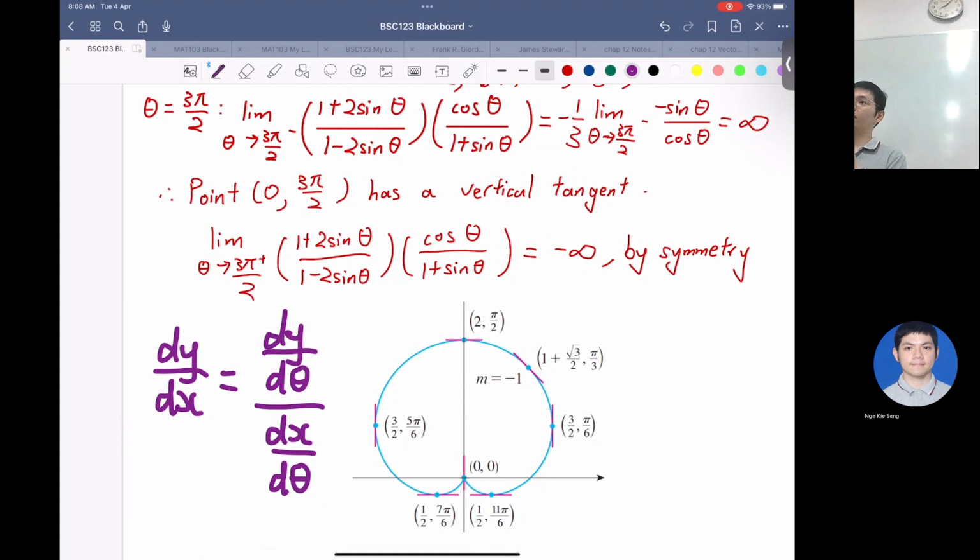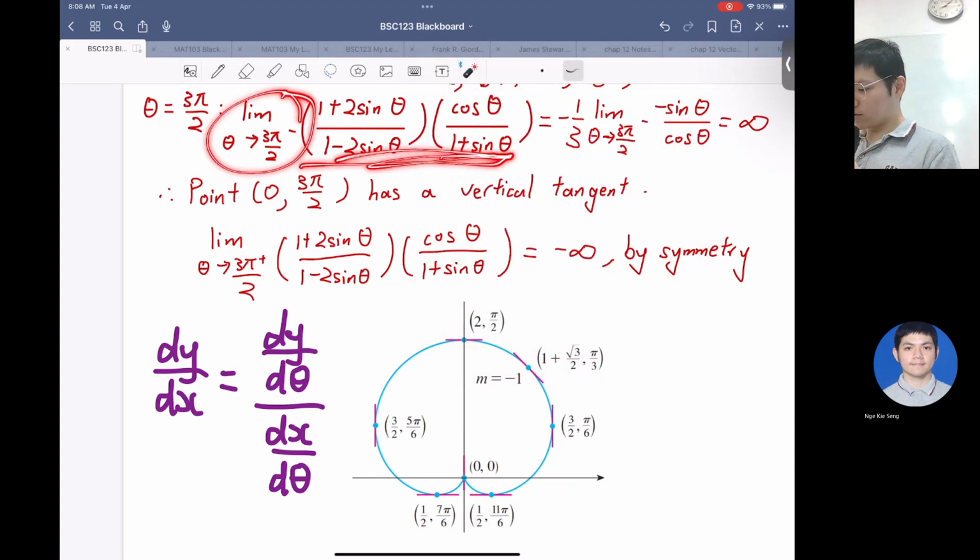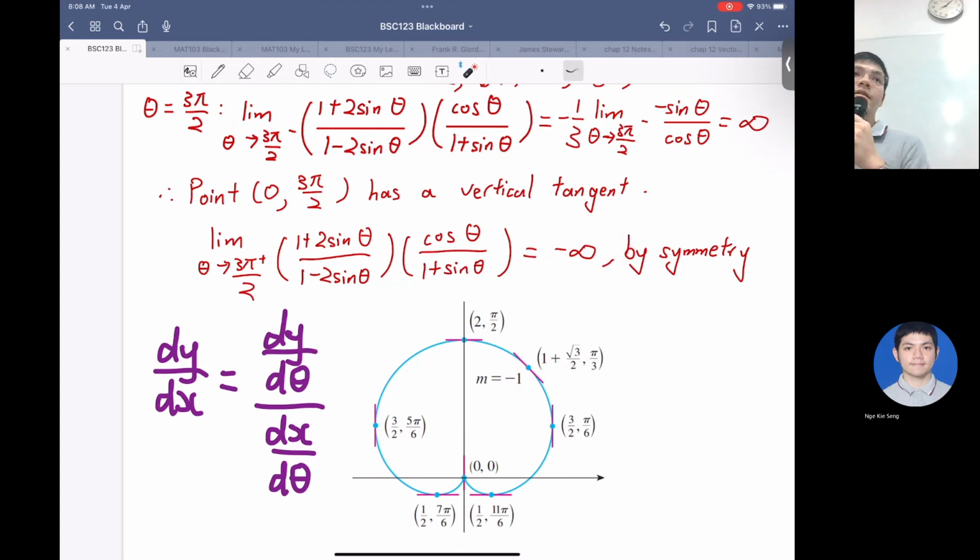Check the left and right limits. If you check the left limit, you will see that dy/dx approaches infinity. If you go the other way, it approaches negative infinity. Which means both of them are straight lines, but one approaches in this way and the other approaches in the other way.